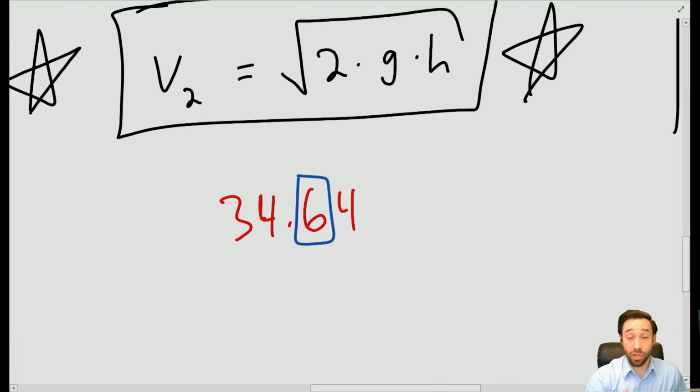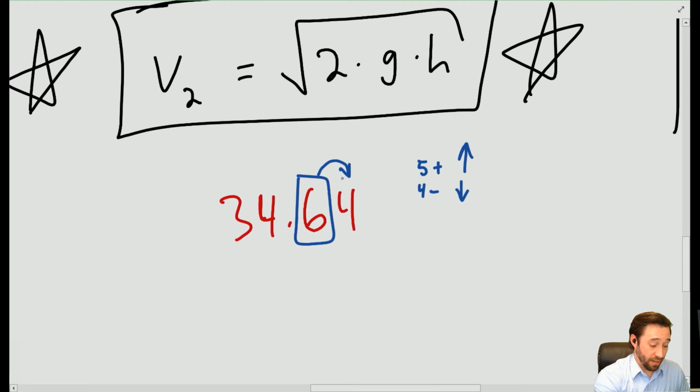And in order to determine whether I go up or I remain the same, I look at the one that's immediately to the right, and if it's a 5 or above, 5 or higher, then I'm going to increase it by a value of 1. If it's 4 or lower, then I'm going to keep it as a 6.